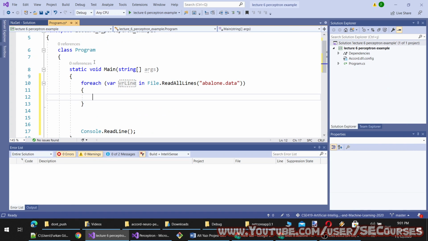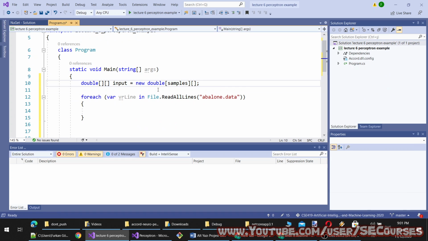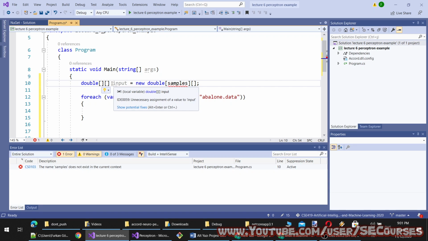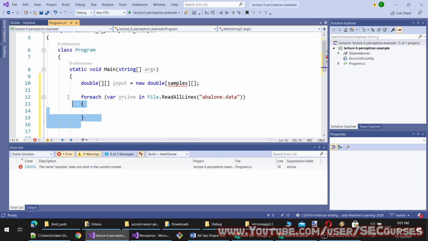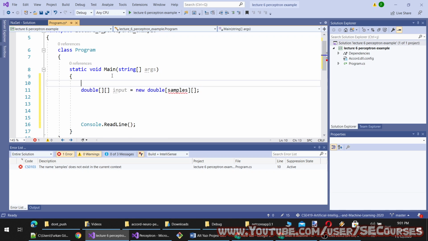By the way, when composing the array, I have to provide the initial size. To do that, first I am going to count.